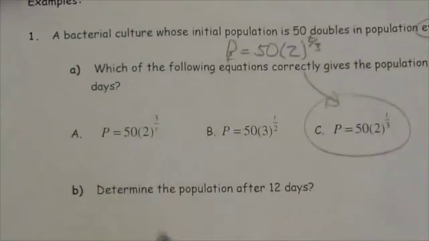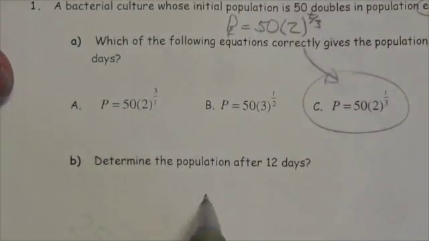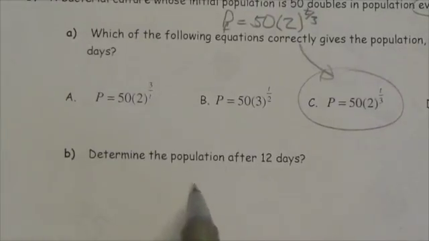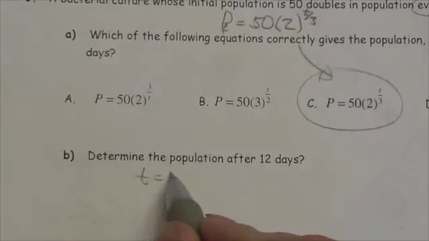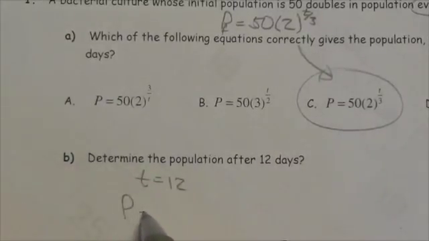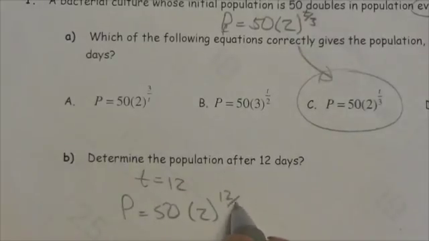Next, the question says determine the population after 12 days. Okay, well, let's take a quick look at this. After 12 days, we're just saying t is equal to 12, which is not a big deal. All we've got to do now is plug that in. So 50 times 2 to the 12 over 3.